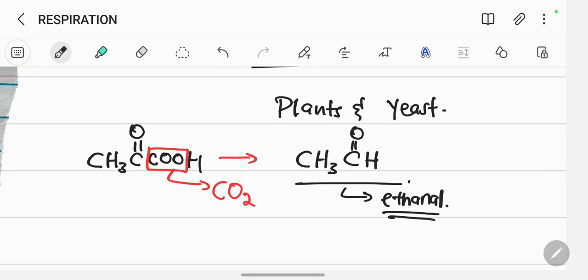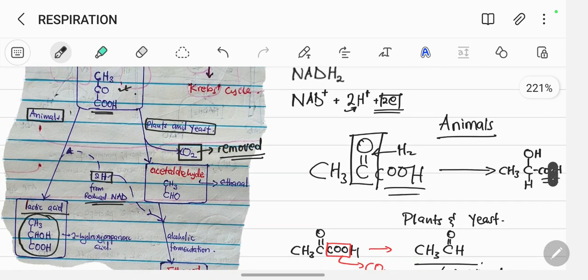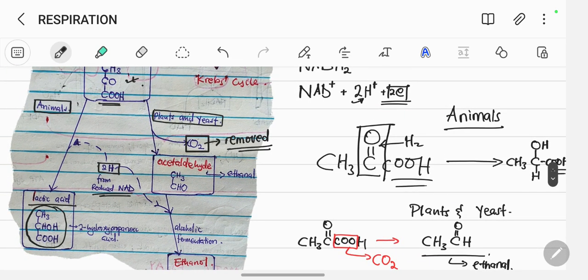Ethanol is an aldehyde. Now, as we form our ethanol, some books call it acetaldehyde. There is nothing much about that, but the easiest is ethanol, we know that.